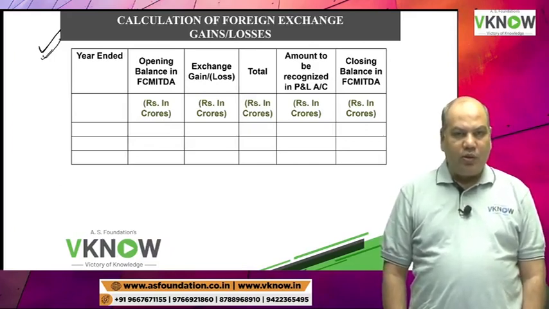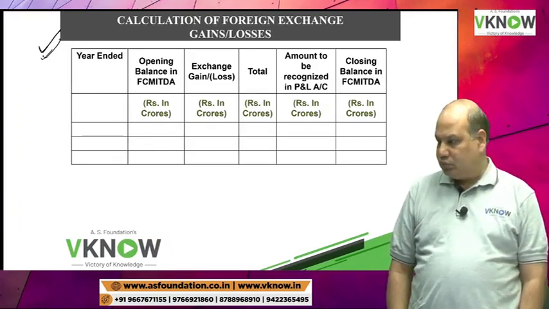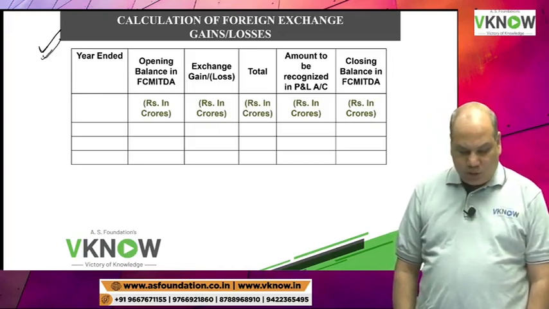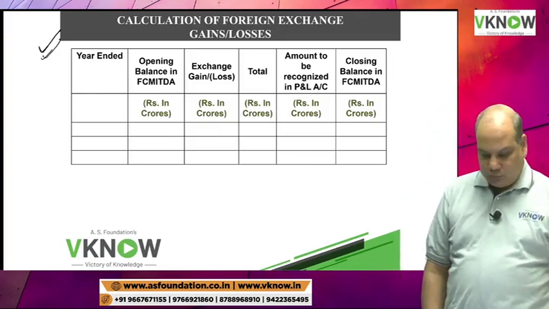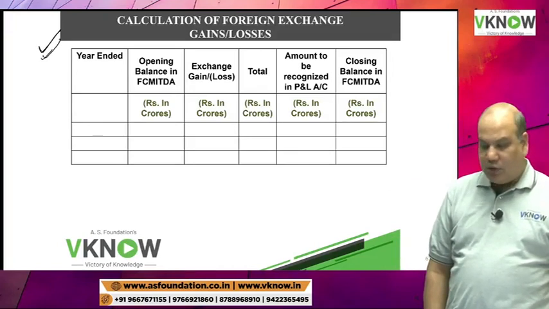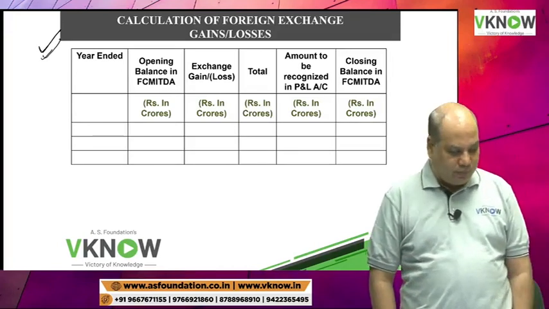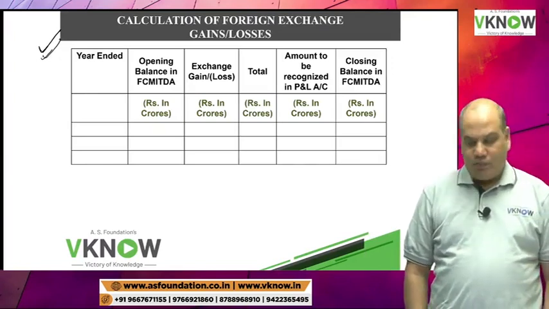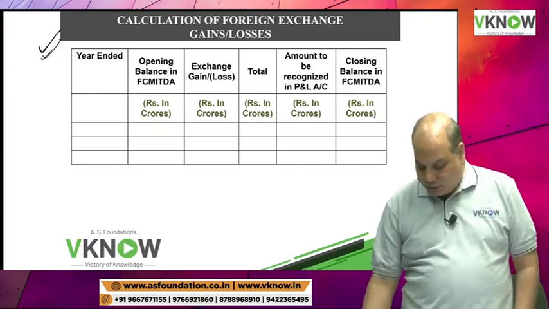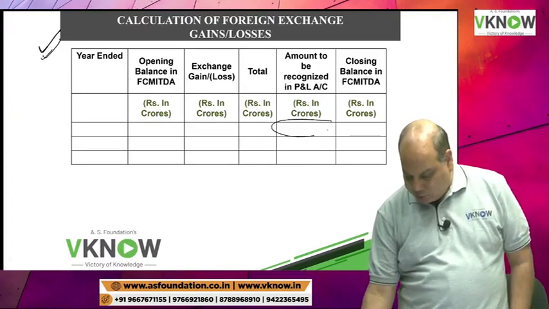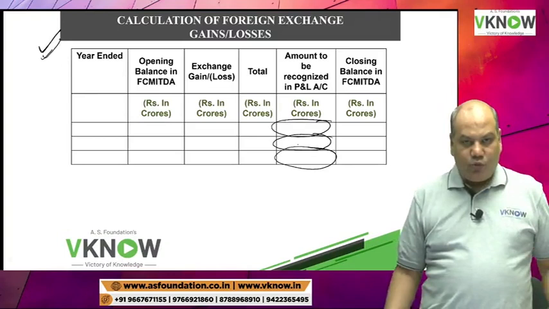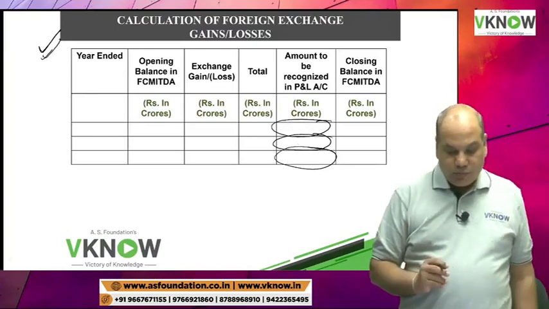Fifth column is amount to be recognized in P&L account. And last column is closing balance in FCMITDA. So once this table is ready, it will become easy to pass the entry and you will understand it better also.